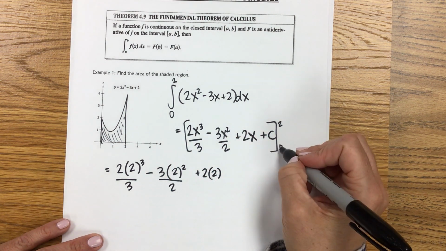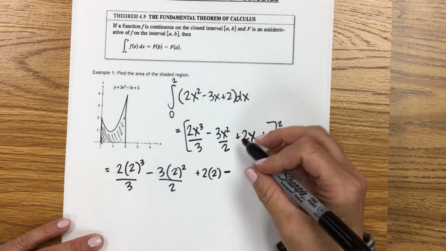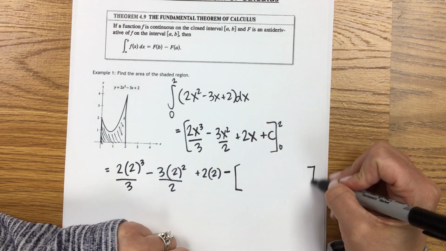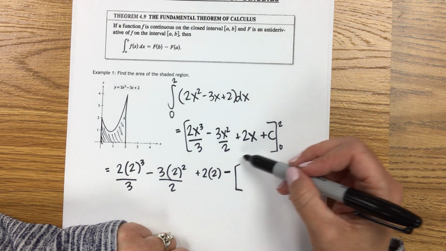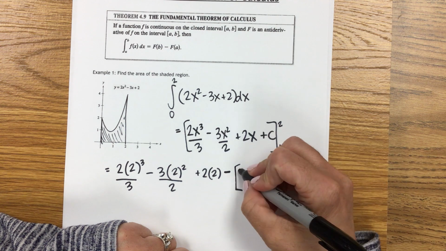And then I'm going to plug in 0, and I have to subtract those. I am going to put all of the plugging in zeros in brackets because I'm going to have to subtract every term, so eventually I have to distribute the minus to everything.